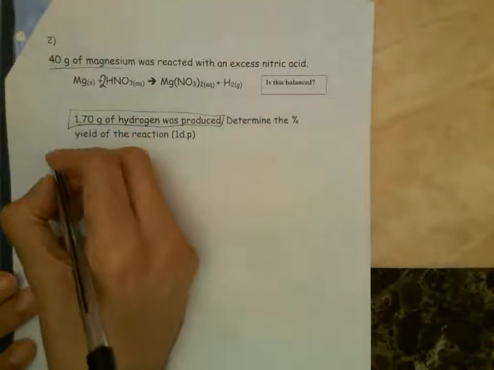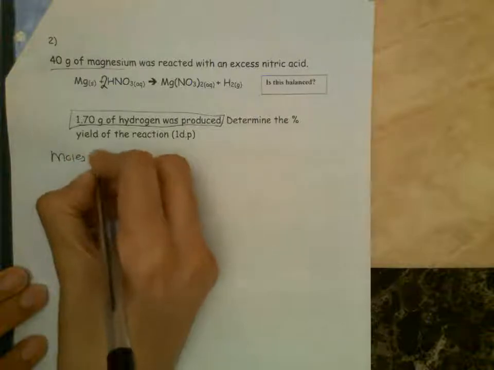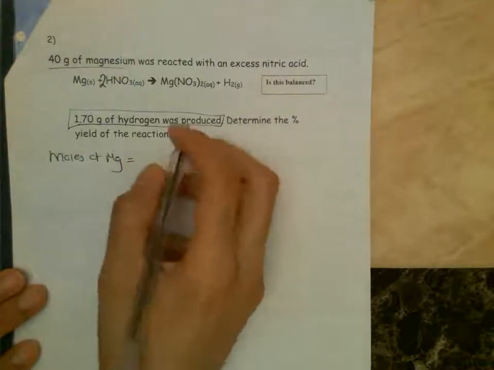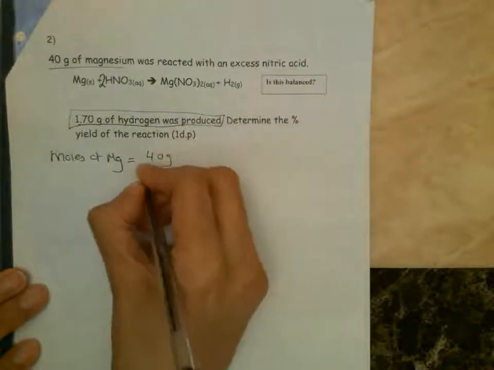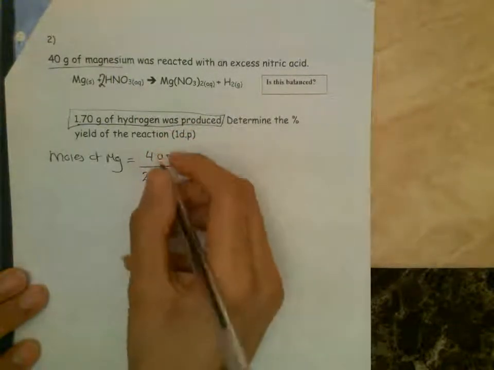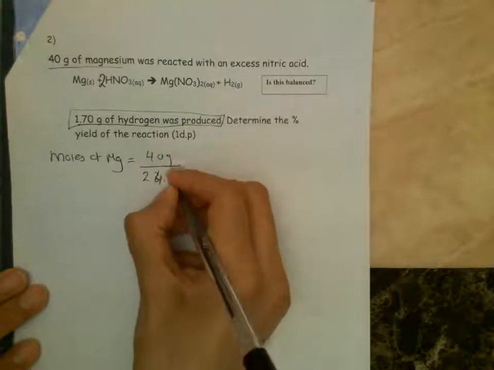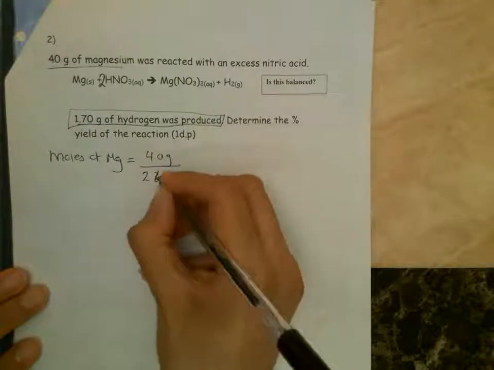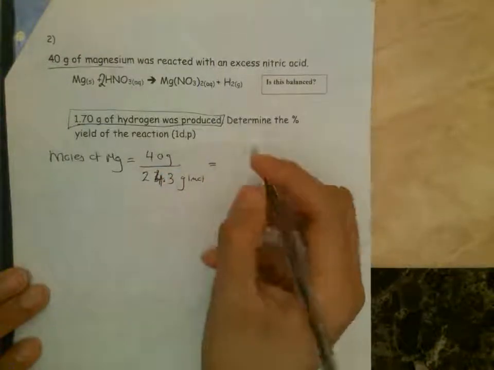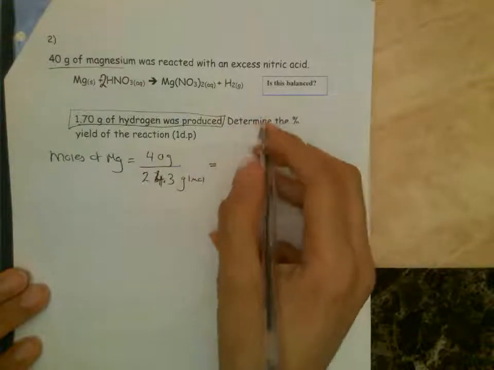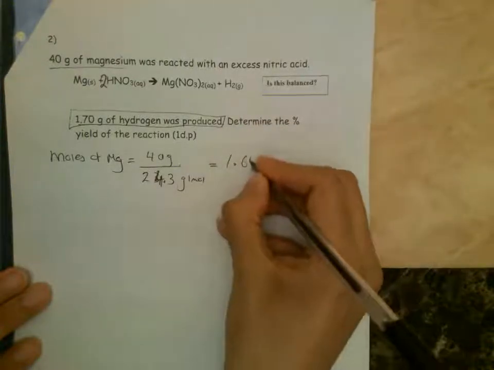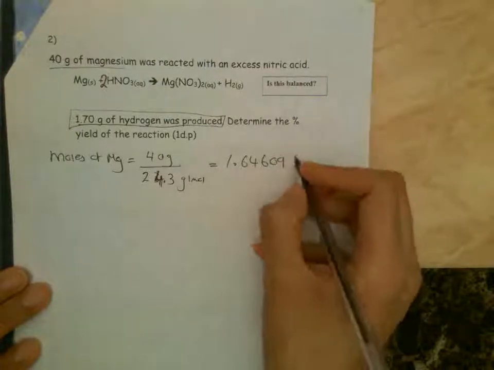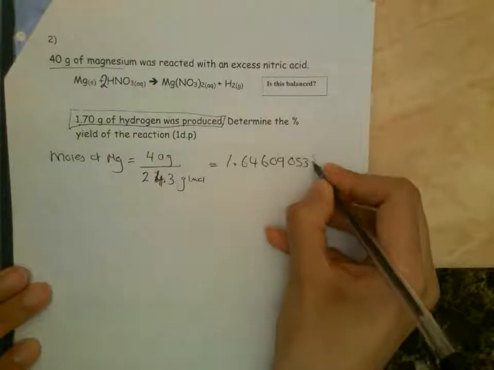First things first, moles of magnesium. Moles of magnesium are equal to 40 grams divided by its Mr, which is 24.3 grams per mole. And that would give us a moles of 1.64609053.